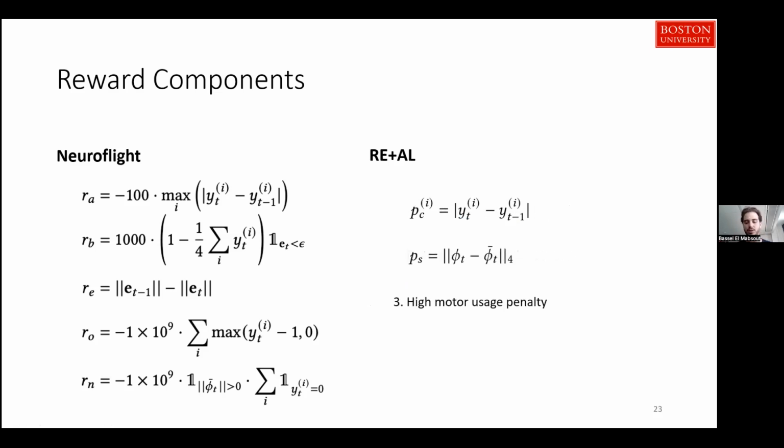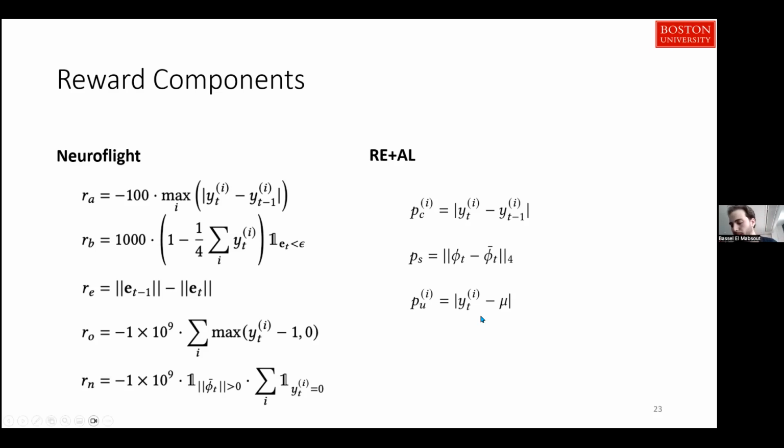And a high motor usage penalty, because using the motor more means you are using more power. So even if you're not changing how you are using the motor, having the motor spin at 5,000 RPM is using more power than having the motor spin at 2,000 RPM.